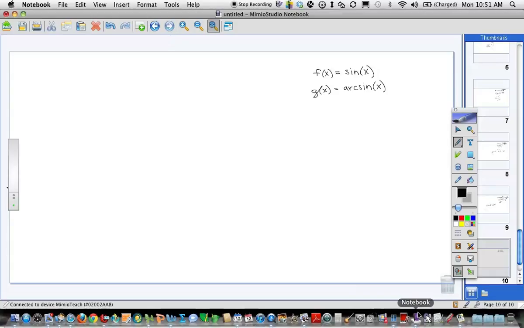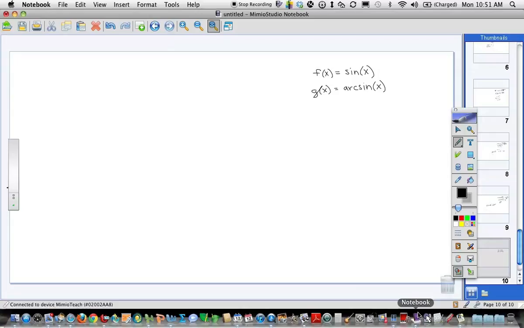Okay? f of x equals sine x, and g of x equals arc sine x. And we're going to use this thing here, which remember, this just came from the chain rule, is just where this came from.